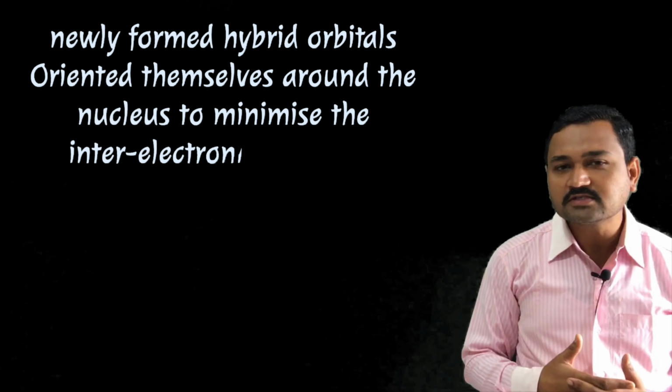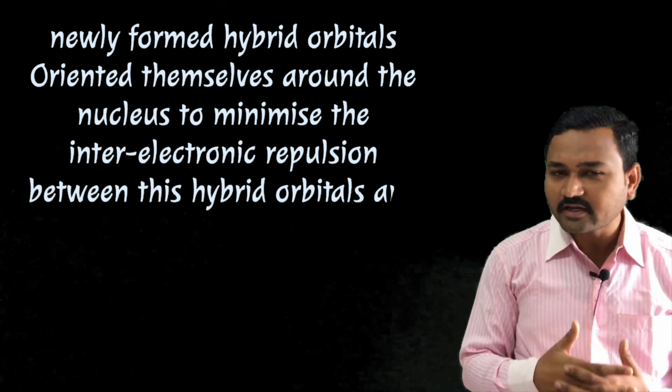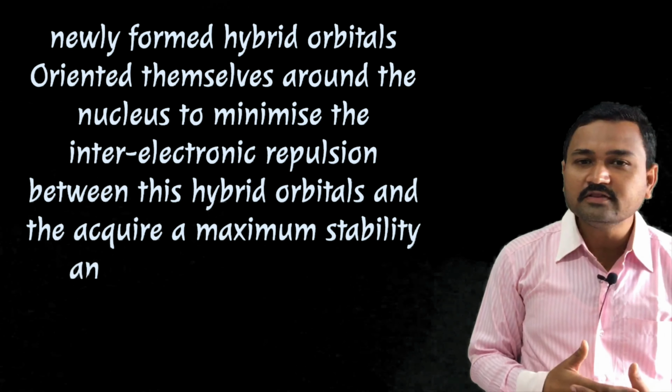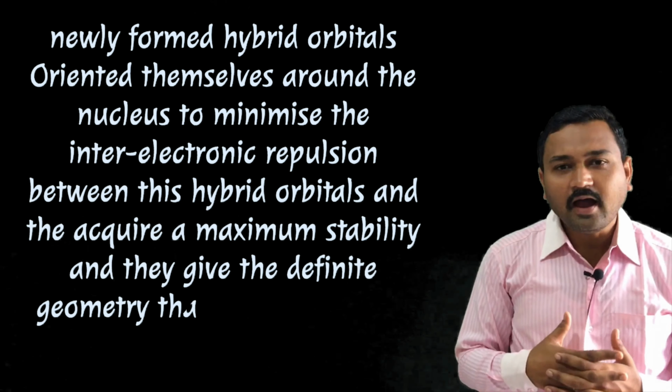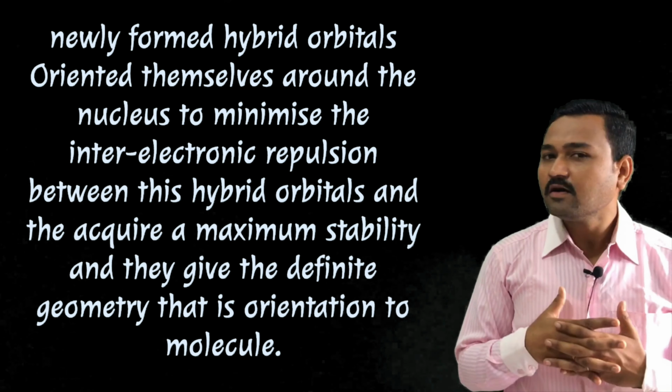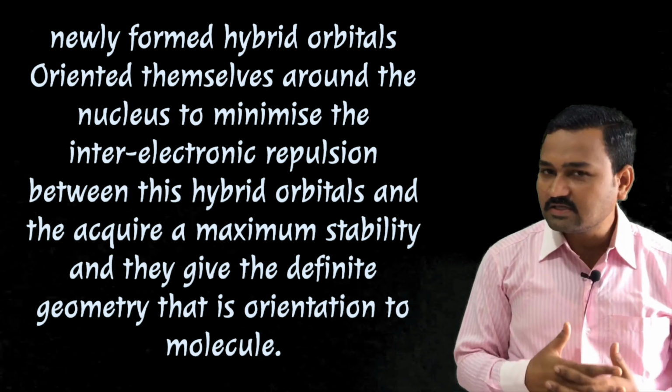Now step four, that is the orientation of hybrid orbitals. The newly formed hybrid orbitals orient themselves around the nucleus to minimize the inter-electronic repulsions between these hybrid orbitals, and as a result they acquire maximum stability and give the definite geometry or orientation to the molecule.